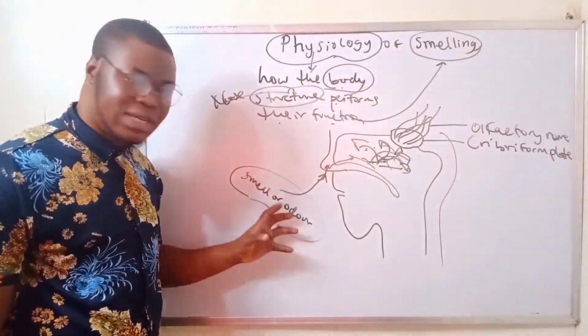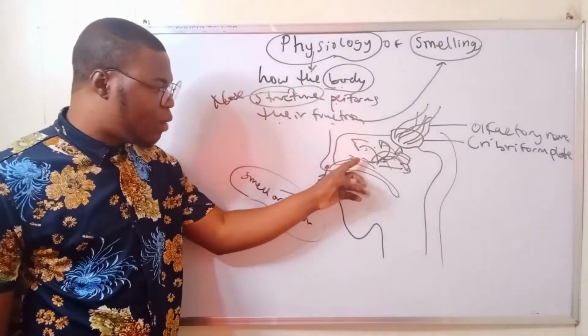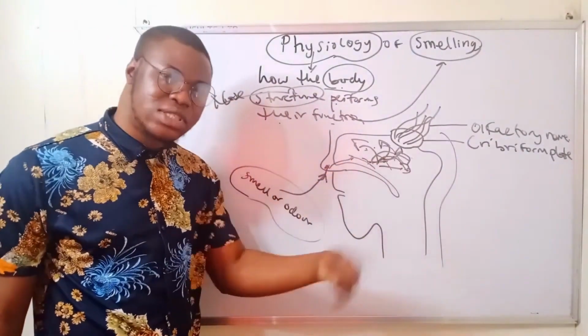Now, let me come back again. Whenever a smell or odor is within the atmospheric air, the nose is going to conduct it into the nasal cavity. And within the nasal cavity, the conchae are going to increase the surface area.